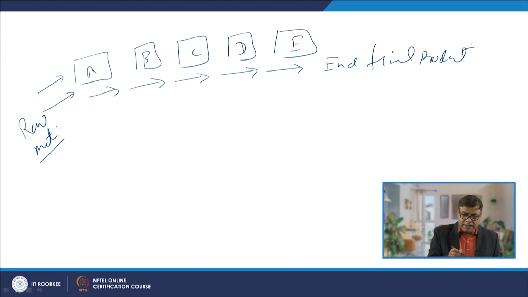The machines and facilities at the different stations A, B, C, D to E can vary significantly.